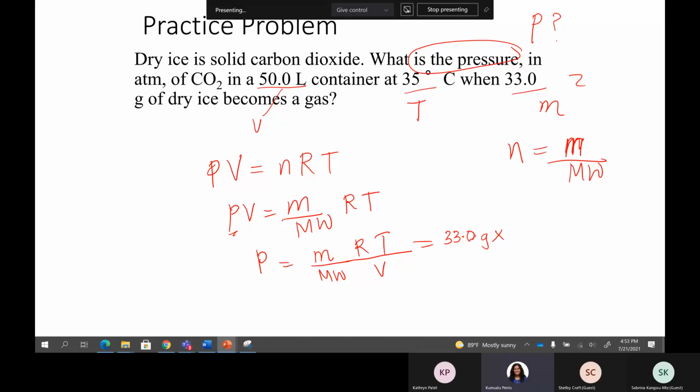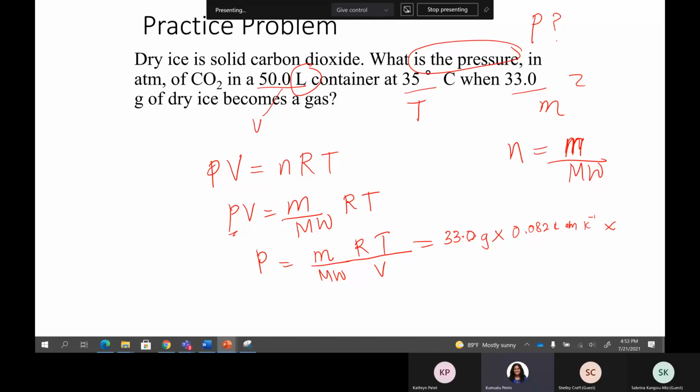R: since we are given the volume in liters, we can use 0.082 liters atm per mole per Kelvin gas constant, and the temperature.